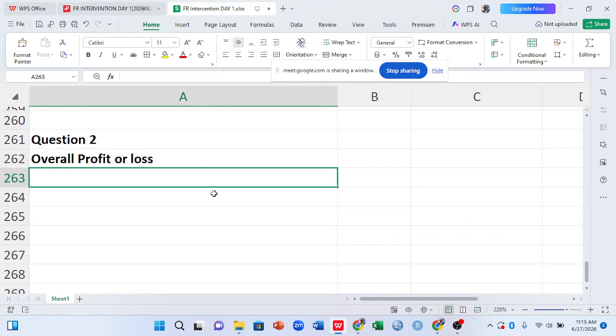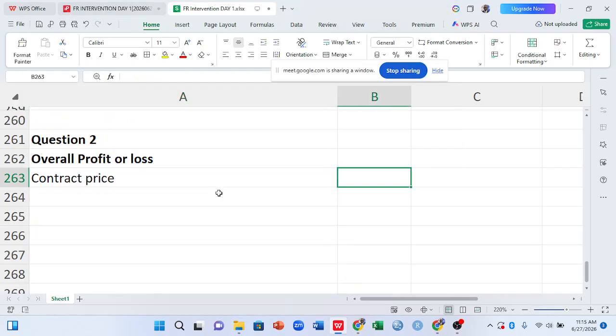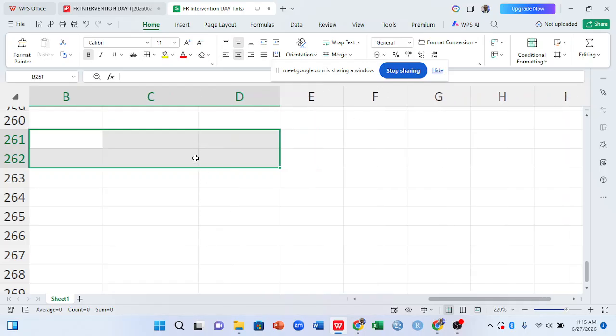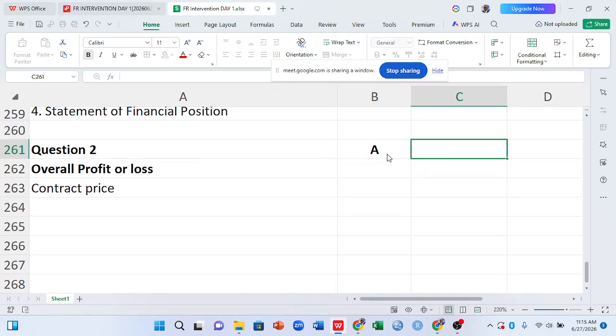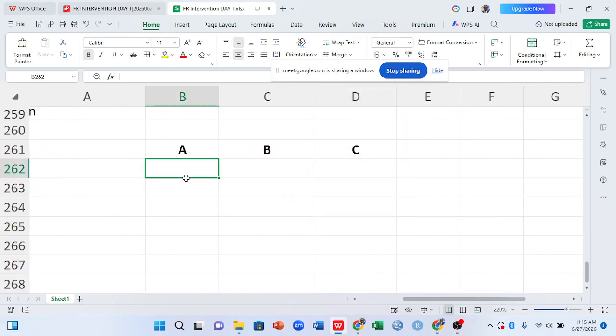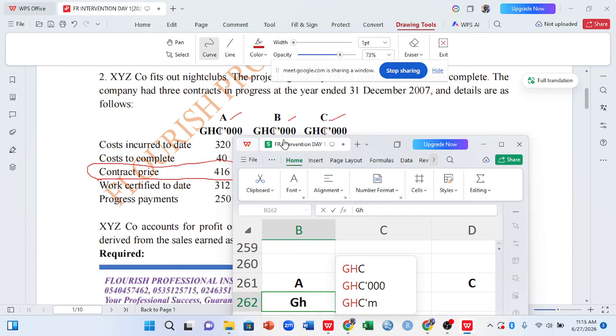So we bring that contract price. So we have A, B, and C. And I'll bring the currency sign here, with 3 zeros on top.